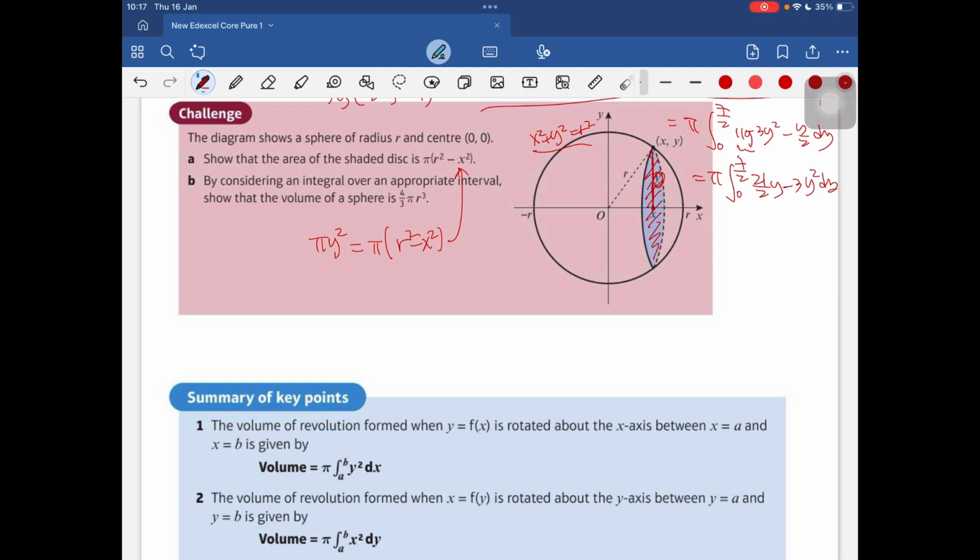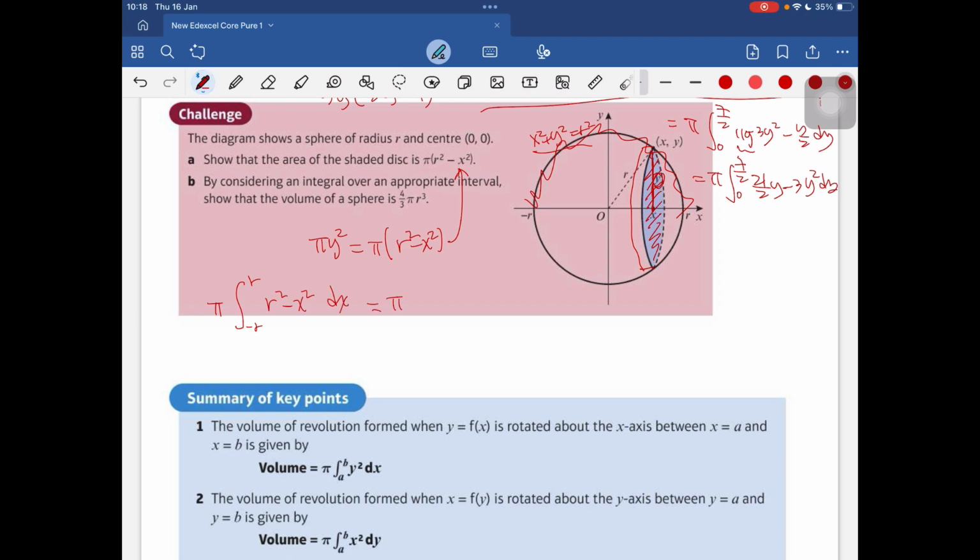So part B, integrate over the appropriate interval to show the volume of a sphere. Okay, so the volume of the sphere. We can think of this part as rotated about the x-axis. So integral negative r to r of pi y squared, which is pi (r squared minus x squared) dx.